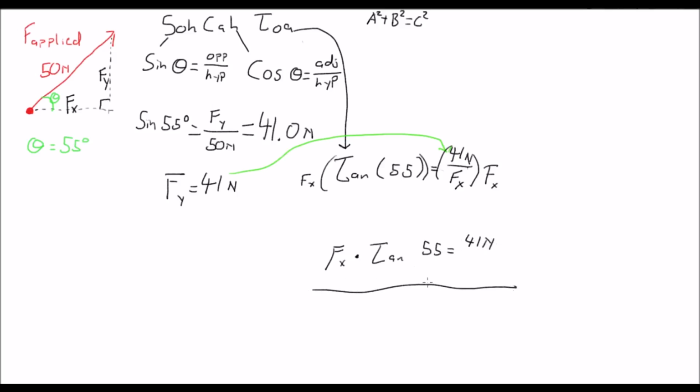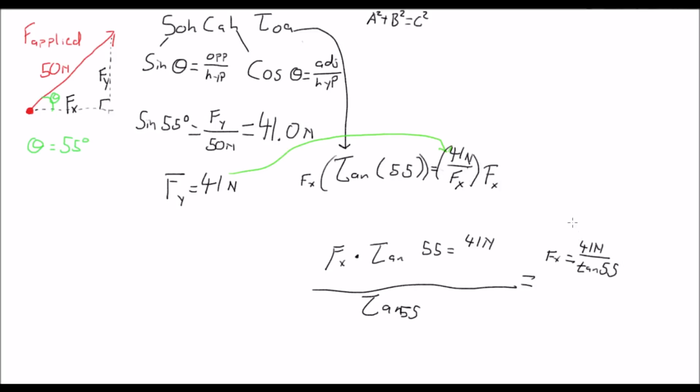I divide the whole thing by the tangent of 55, and I get f of x is equal to 41 newtons divided by tangent of 55. Like I said, those two would just switch.